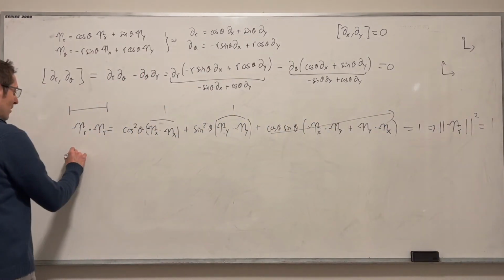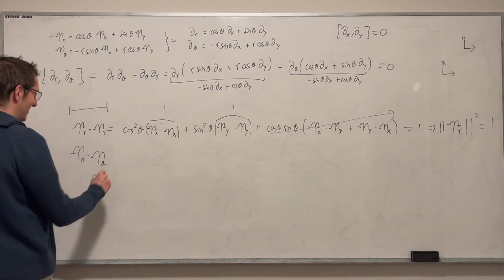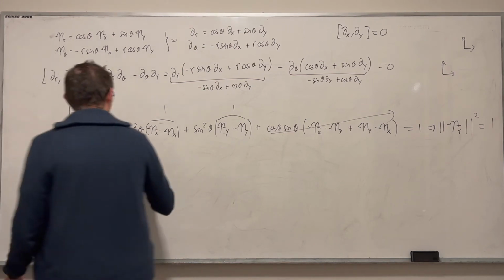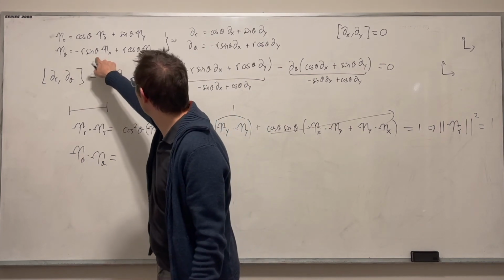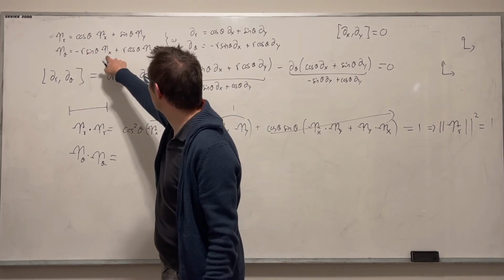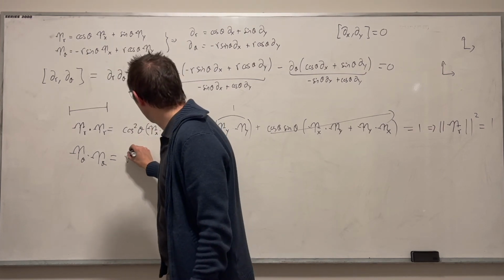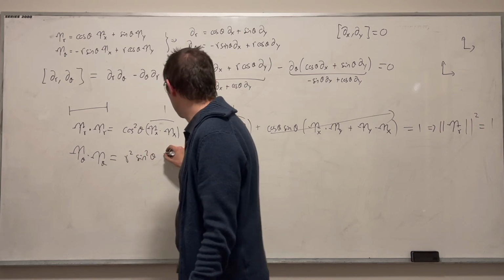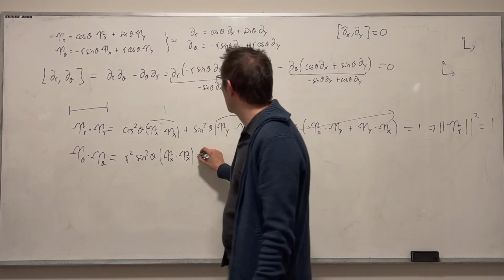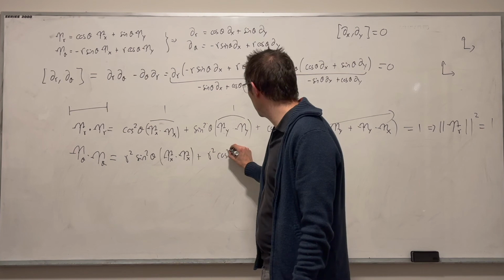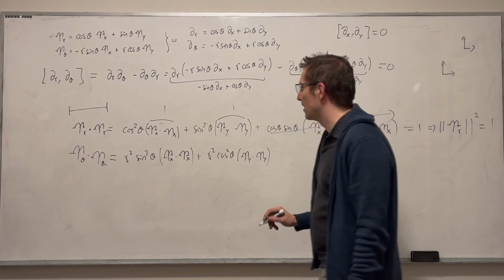What about the norm of epsilon theta? Well, let's see. The cross terms I'm not going to write because we know they're zero. Let me just write the ones that matter: minus r sine theta epsilon x times minus r sine theta epsilon x gives me r squared sine squared theta, plus r squared cosine squared theta, plus the cross terms that are also zero.